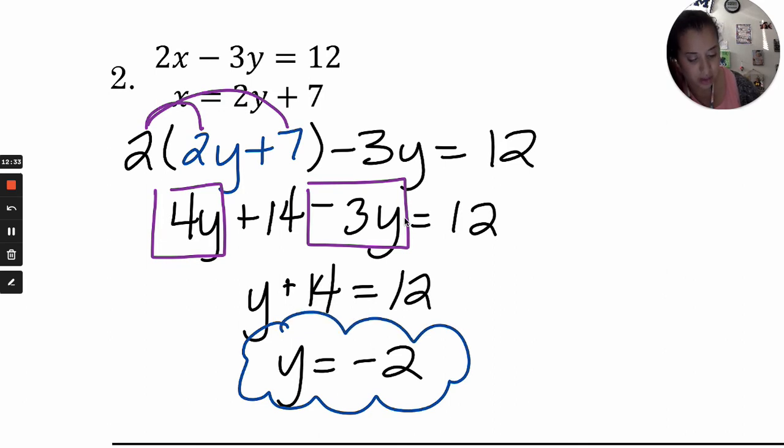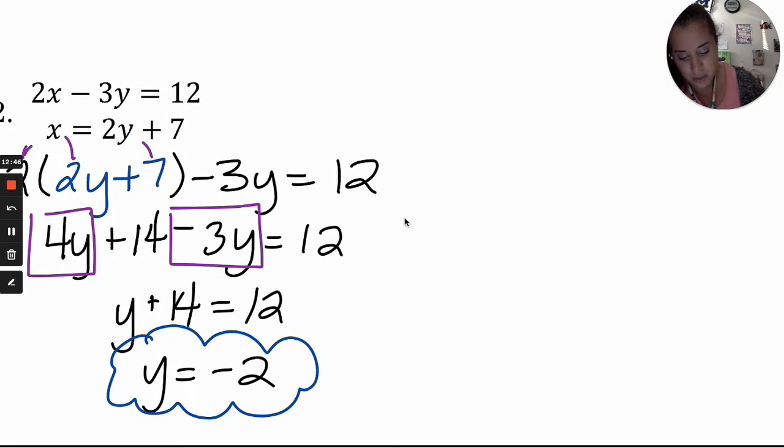So now that I know that y is equal to negative 2, I need to solve for x. So I'm going to plug it in to our second equation because we already have x equals. So we have x equals 2y plus 7.